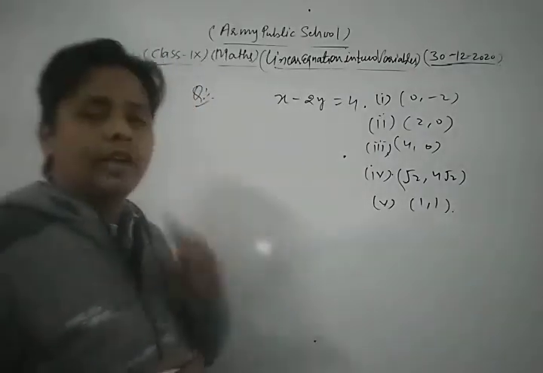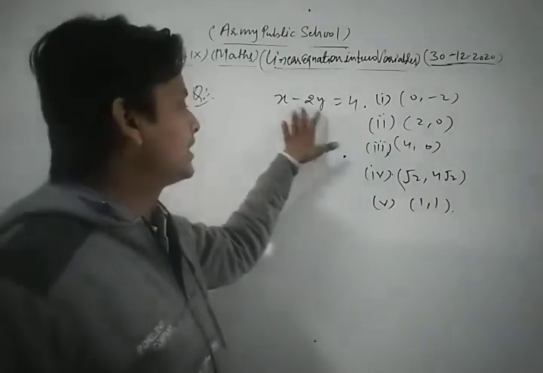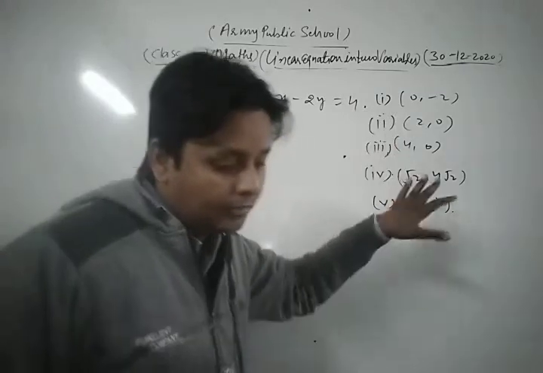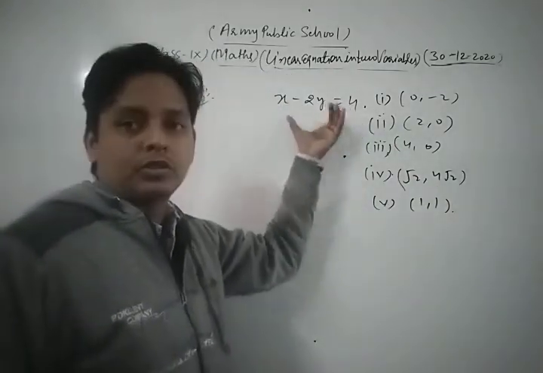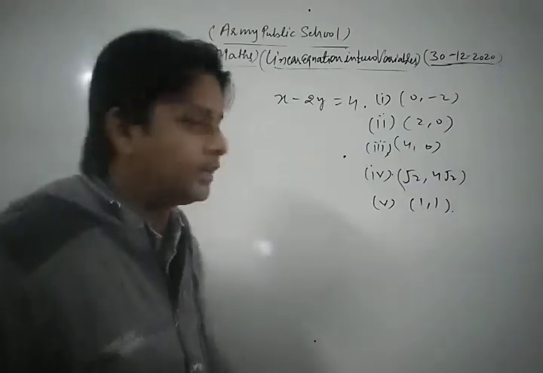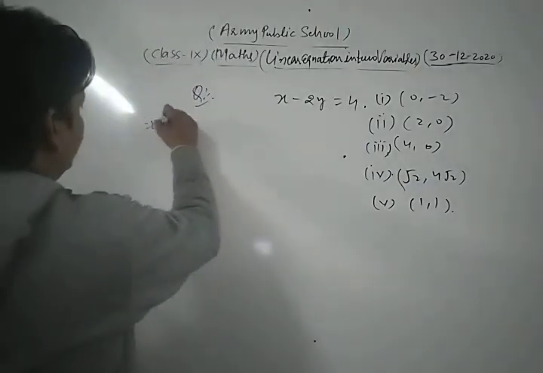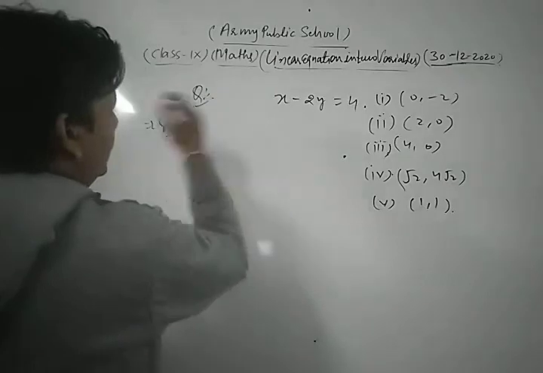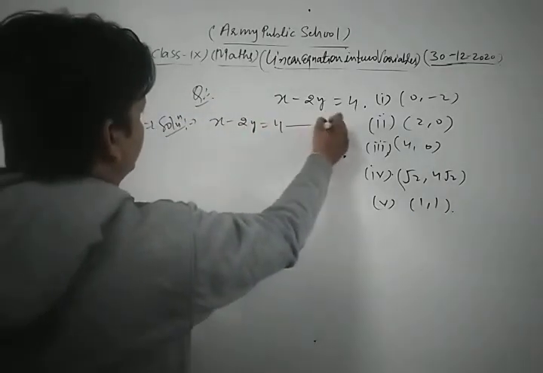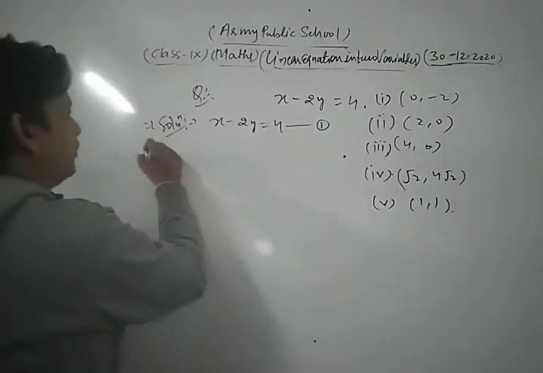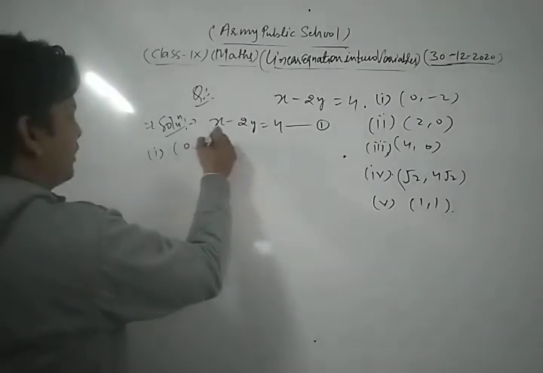Dear friends, we have a linear equation in two variables, x minus 2y is equal to 4, and we check which of the following pairs are solutions of the given equation and which are not. First of all, in this type of question, we write the equation x minus 2y is equal to 4 as equation number 1. Now we take the first pair of values, 0 and minus 2.